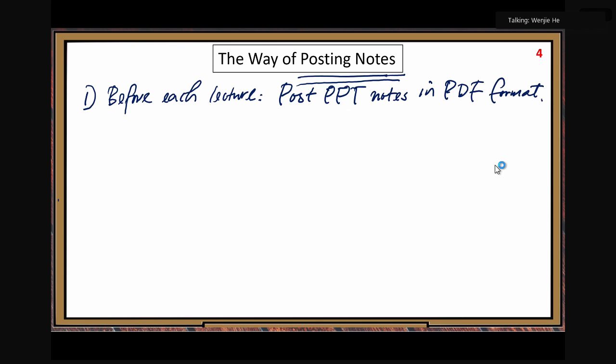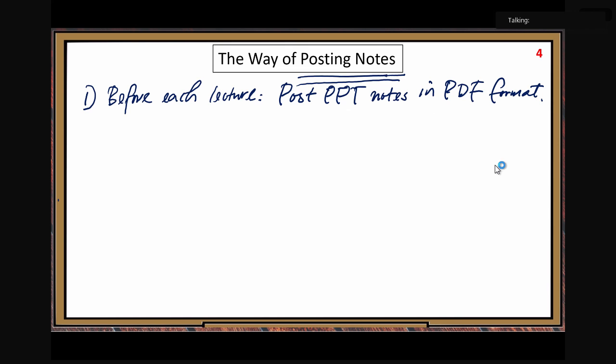Because in that way, when you click the file, you can see the content of the notes immediately on that page, so you do not need to use PPT. The problem actually is like this: before, I posted two types of files, a PDF file and a PPT file, at the same time. Some students clicked the PPT file, not the PDF file. If you click the PDF file, you can see everything without any problem.